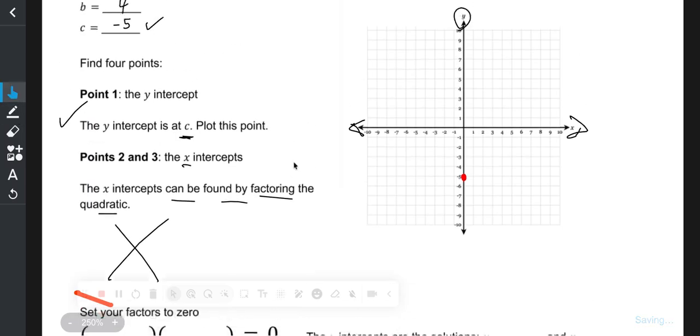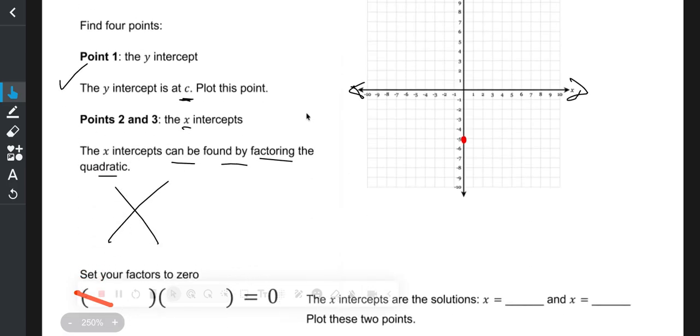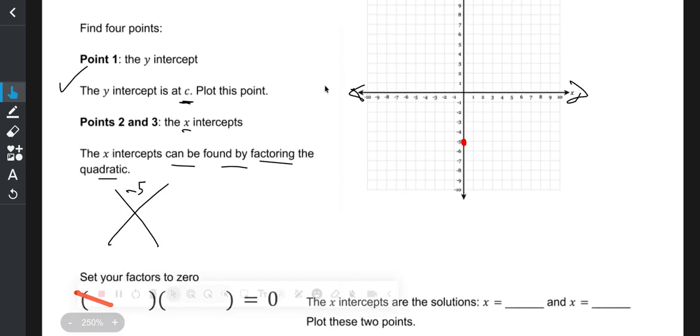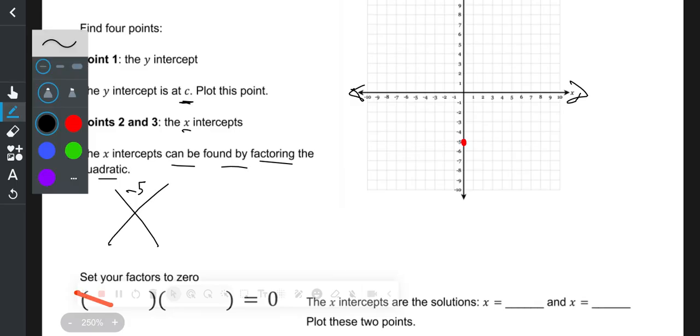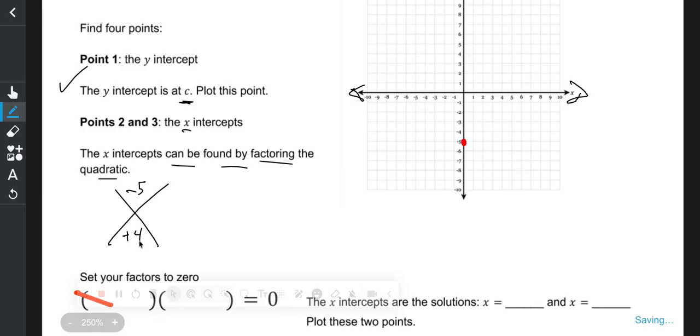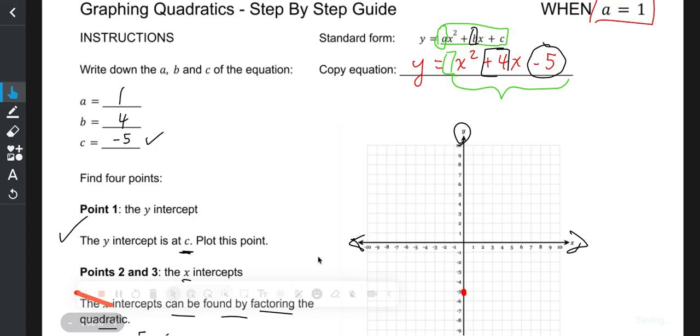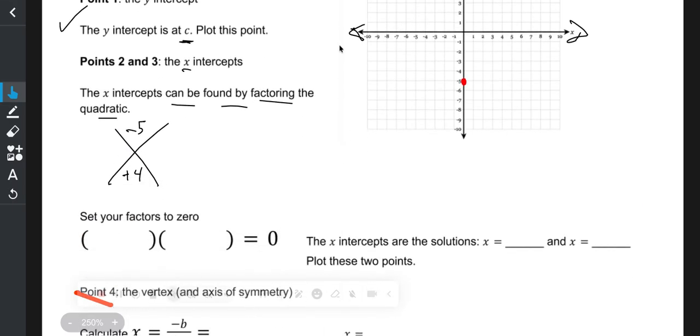right? What number goes on top? It's the -5. And what number goes on the bottom? It's the middle number, or the b, which is +4. Okay, just making sure we have that right. -5 on the top means we're looking for two numbers that multiply to -5.